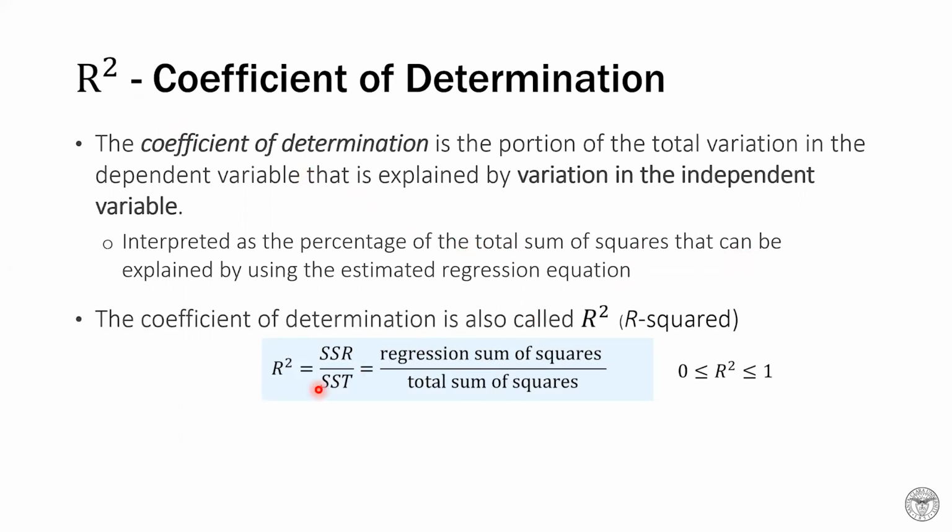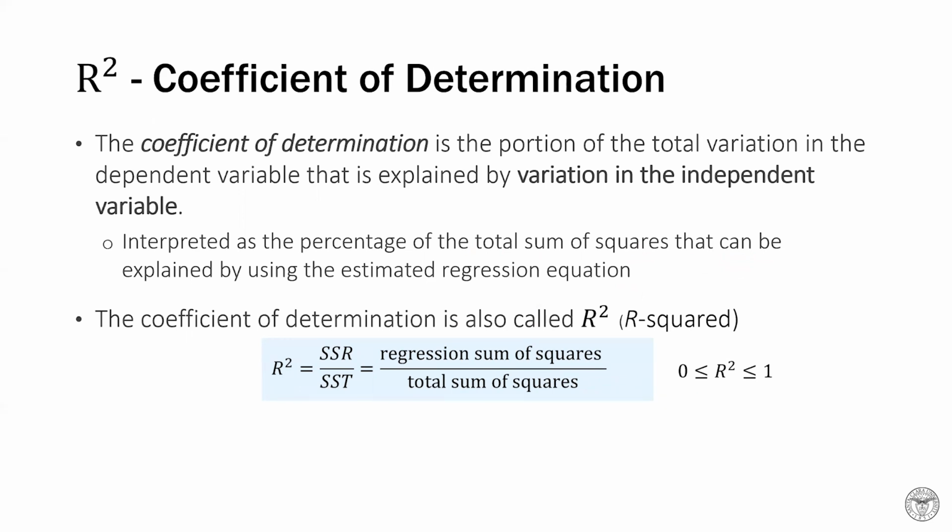Mathematically, R squared is equal to SSR over SST, which is also equal to regression sum of squares over total sum of squares.